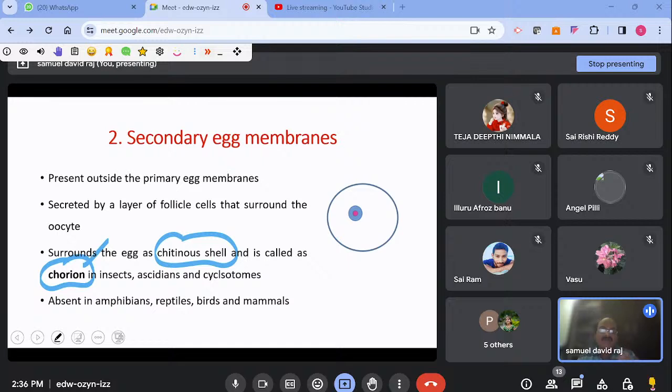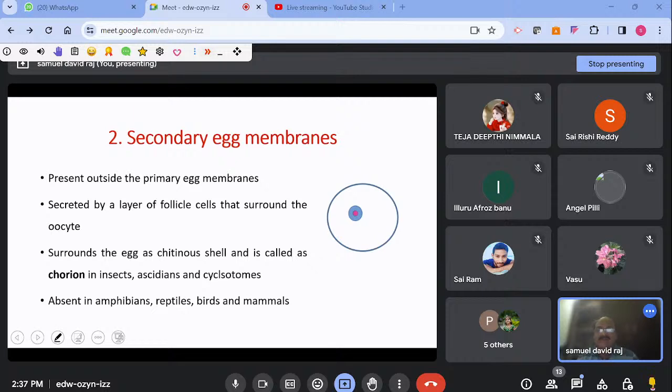Another chorion term we come across is in the fetal membranes or extraembryonic membranes, where we have chorion, allantois, yolk sac, and amnion. So chorion is a term that comes up in different places. You have to remember those.